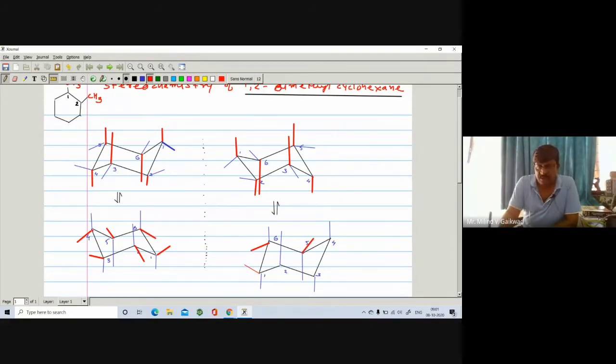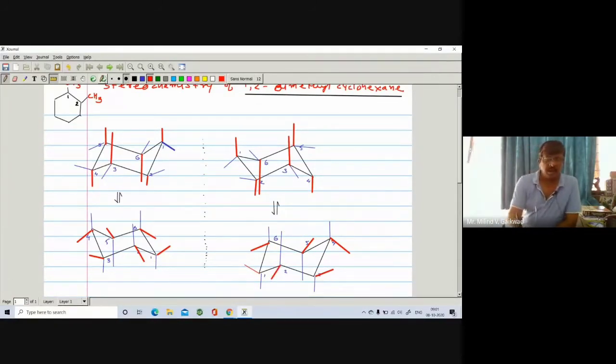It is parallel to C5, C6, and this is parallel to C1, C2. So first our job is to write their axial and equatorial bonds. Then the remaining part is very easy.